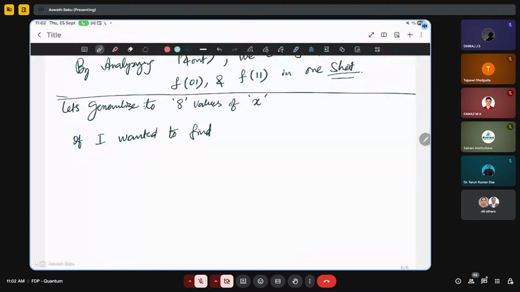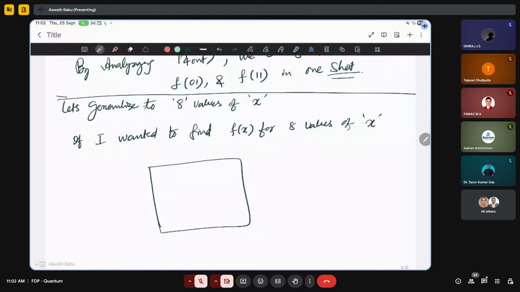I want to find f of x for 8 values of x. Instead of taking just 2 control qubits, I will take 3 control qubits with 3 Hadamards.